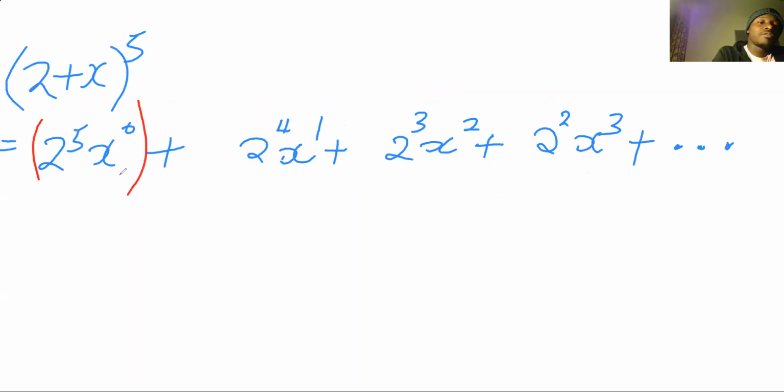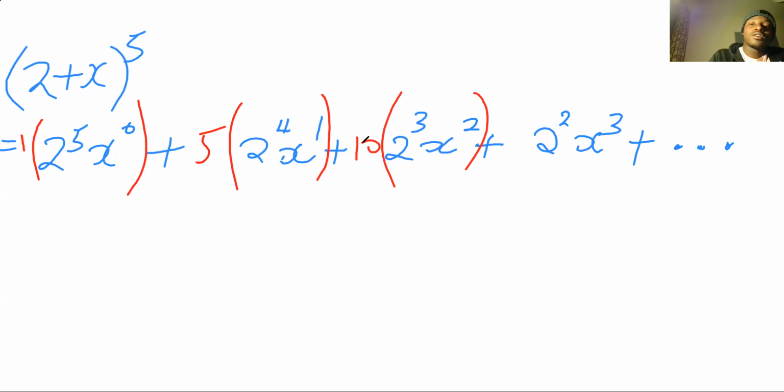So the first one is 1, the second one is 5, the third one is 10, it's 10. When you expand this, 2 to power 5 is 32, x to power 0 is 1, so 32 times 1 is just 32.